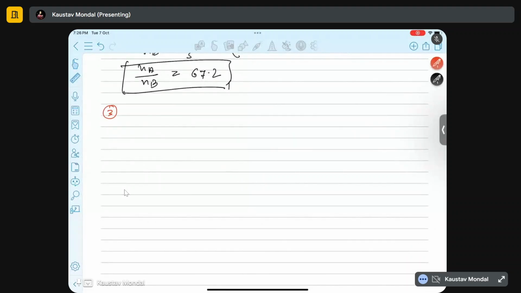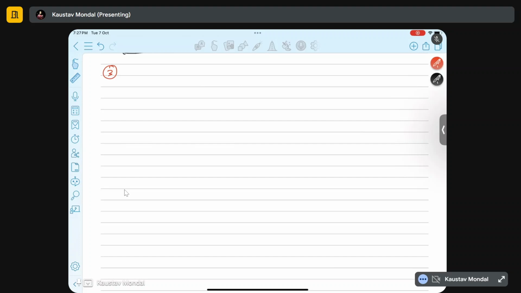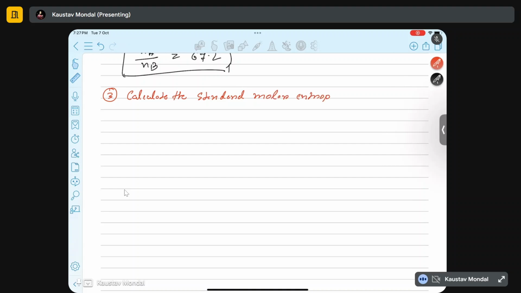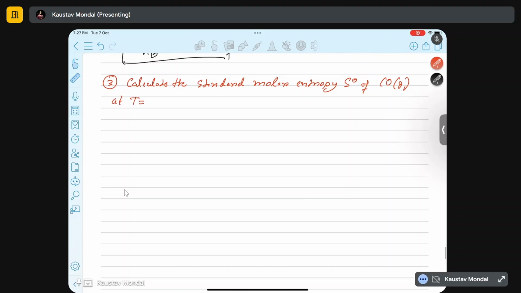Problem number 3. Calculate the standard molar entropy of carbon monoxide gas at T equal to 298.15 Kelvin, and P naught is 1 bar, obviously since it's the standard case. So P naught, the value of pressure, should be 1 bar.